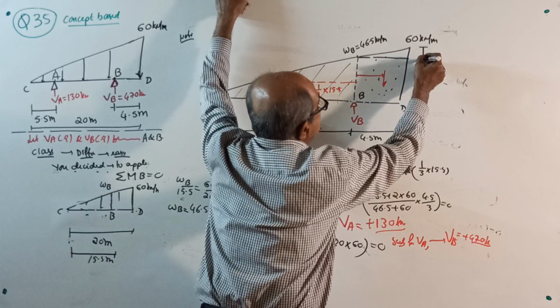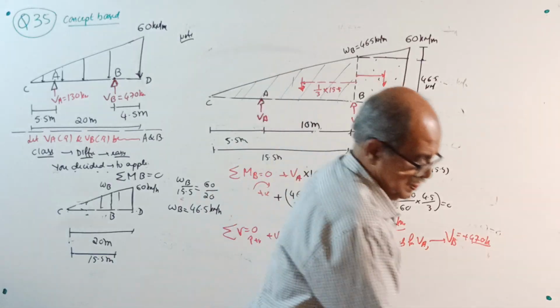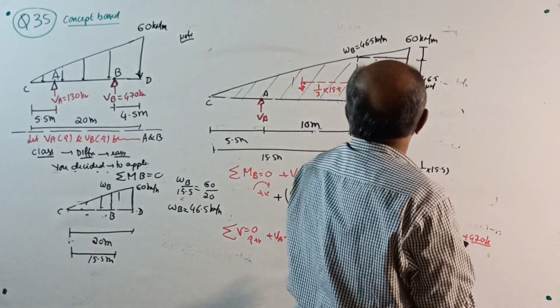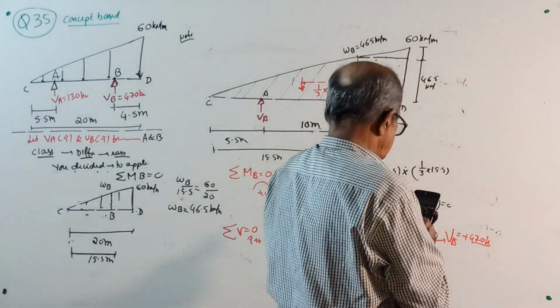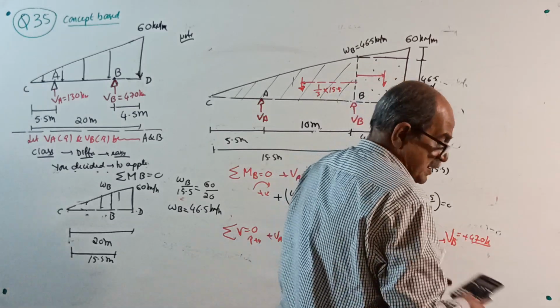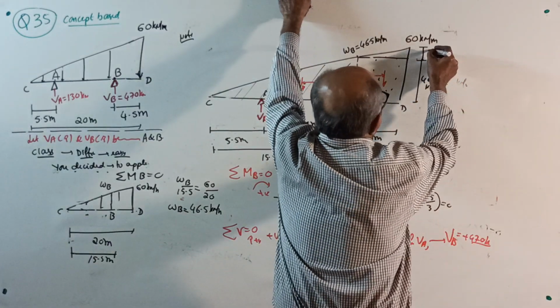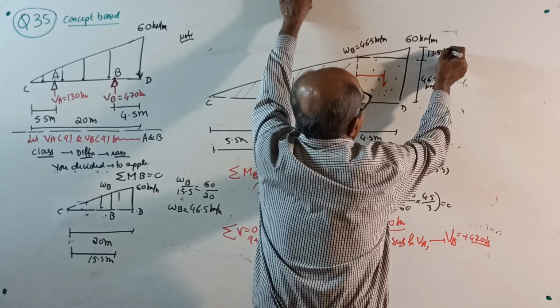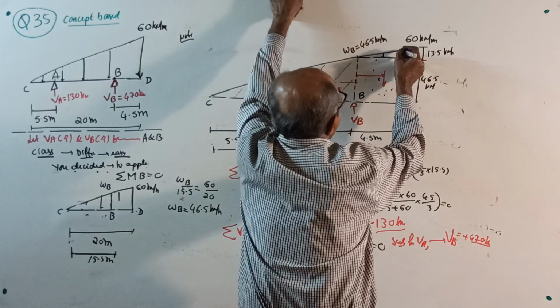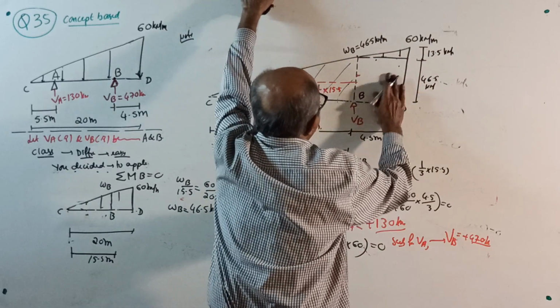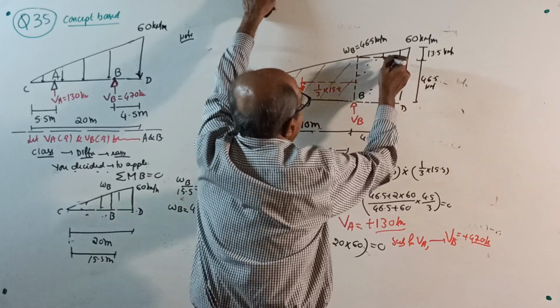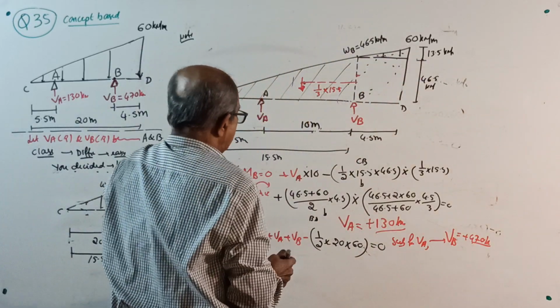And this difference is, write one more sketch, 60 minus 46.5 is 13.5 kilonewton per meter. 13.5 kilonewton per meter. I already explained how to get it. Now do one thing. Take this rectangle and triangle separately.